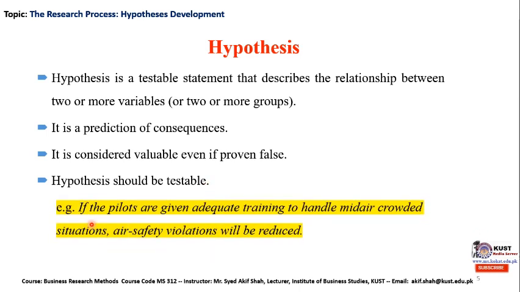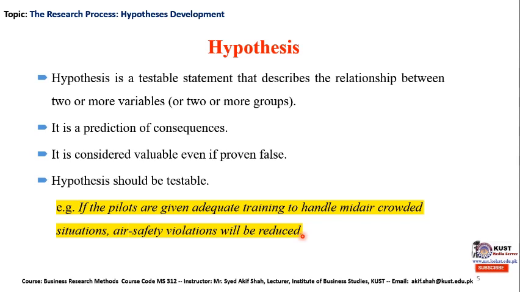For example, in the previous lecture, we discussed the conceptual model of air traffic crashes or collisions and highlighted a number of variables as independent variables. So how could we formulate hypotheses on the basis of that theoretical framework? As an example, we can hypothesize that if pilots are given adequate training to handle mid-air crowded situations, air safety violations will be reduced.